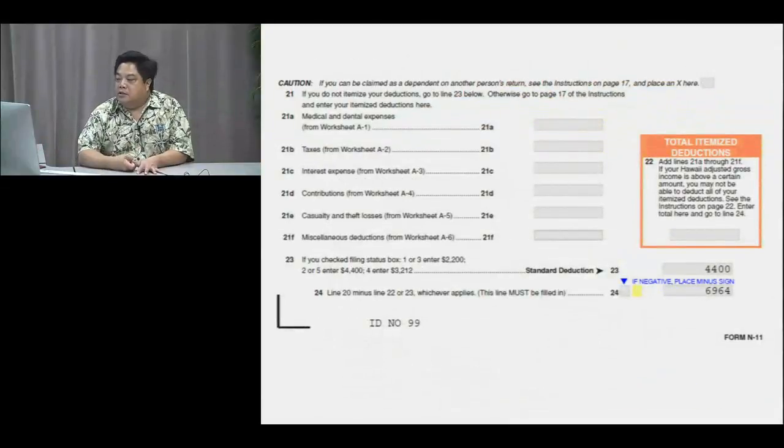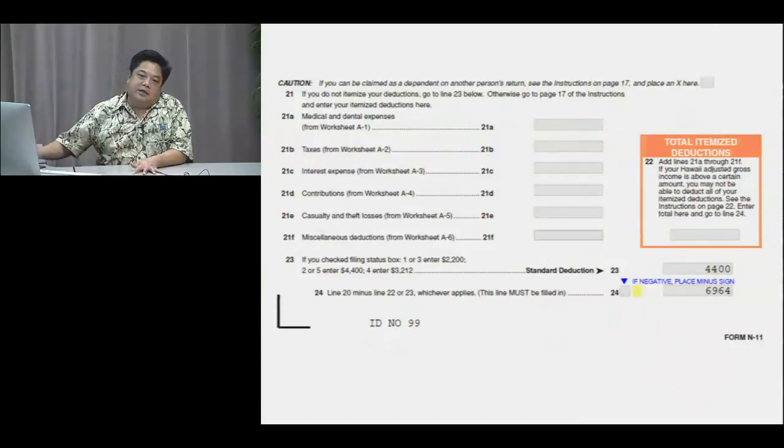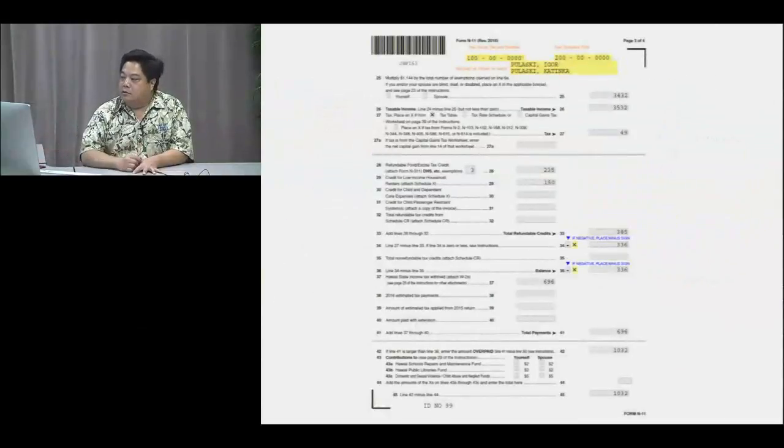Because the person is a resident, you can get a standard deduction, $4,400 for married filing jointly. So you can subtract that amount. And when you subtract that amount, it comes out on line 24, $6,964.